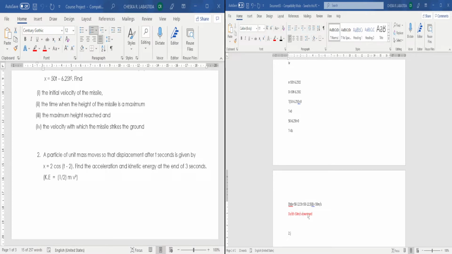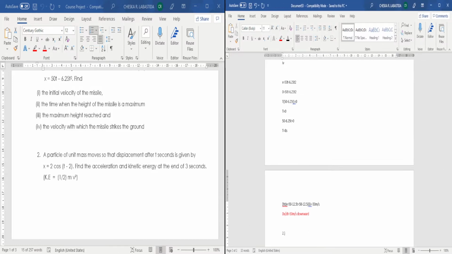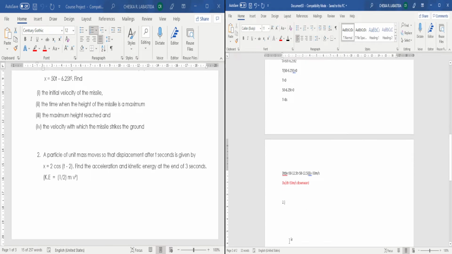Let's go ahead and do the calculation for that. So it should be x equals 2 cosine (t - 2).